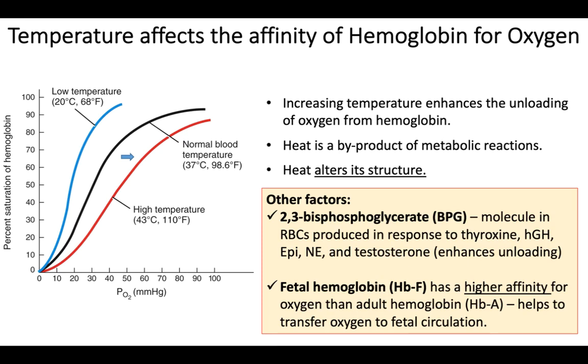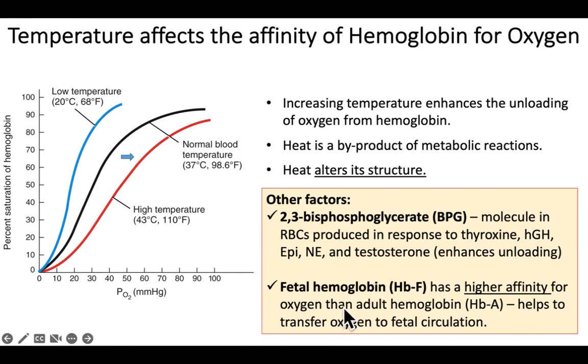All right, and then the last thing is just a comparison. There's actually two forms of hemoglobin. Fetal hemoglobin, which obviously is the one that a fetus produces, versus adult. So after a fetus is born, we actually change the type of hemoglobin we make.